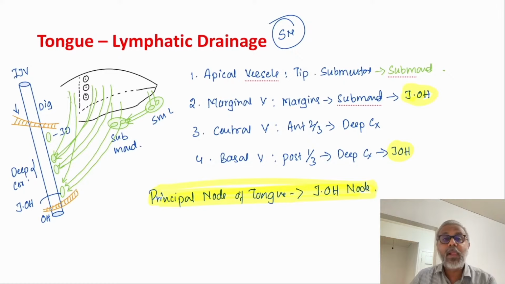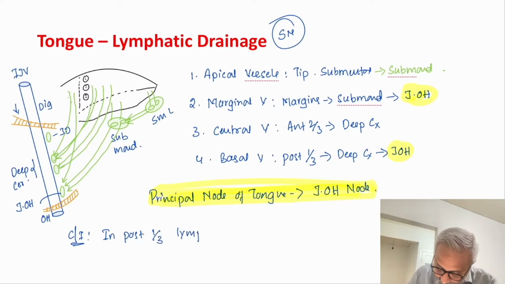But remember, lymphatic drainage is often asked as a 5 marker. Now, what is the clinical importance? Remember, in the posterior 1/3, the lymphatics decussate freely. The lymphatics decussate with the opposite side.